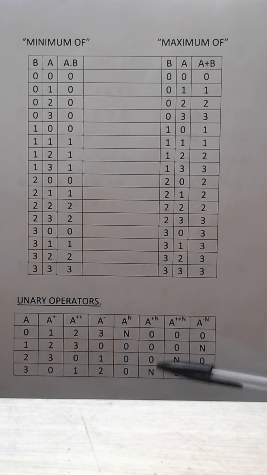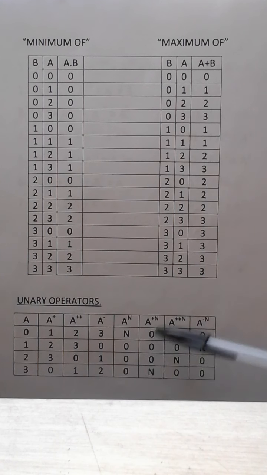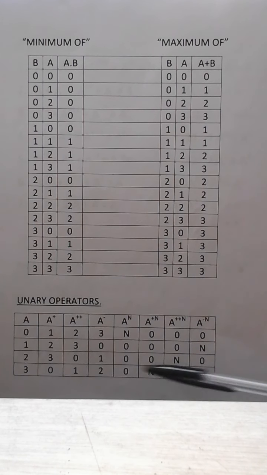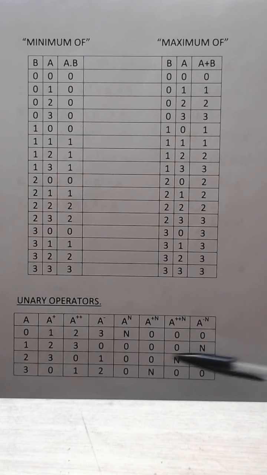A plus n is n if A plus is 0 and 0 everywhere else. A plus plus n is n when A plus plus is 0 and 0 everywhere else. And A minus n is n when A minus equals 0 and 0 everywhere else. n can assume the value of 1, 2 or 3.